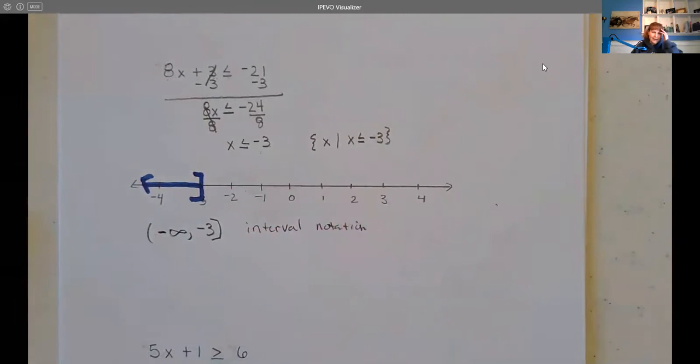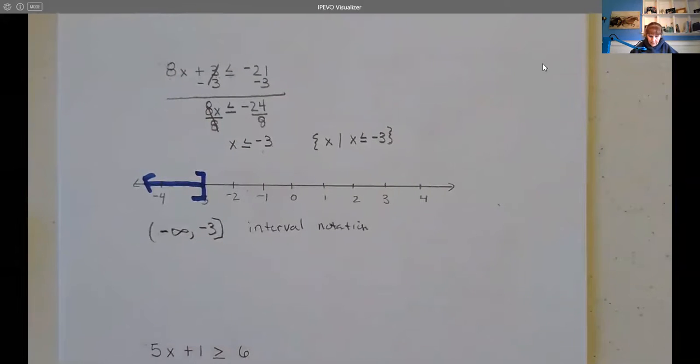And again, the key here is that the first number in interval notation is always the smallest number. If you have a negative infinity, it will always come first, because you can't be smaller than negative infinity. And then this one will be the larger one to the right.